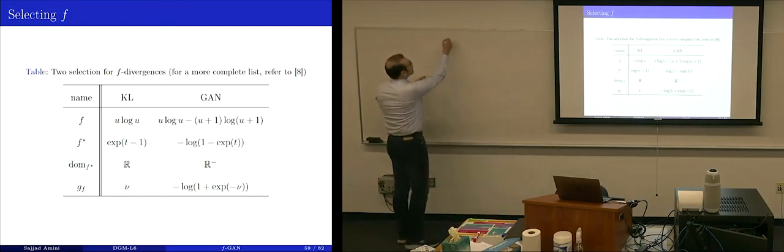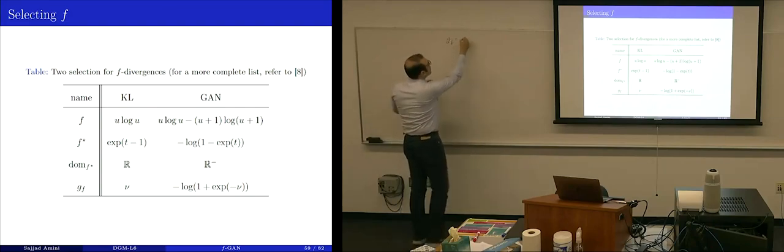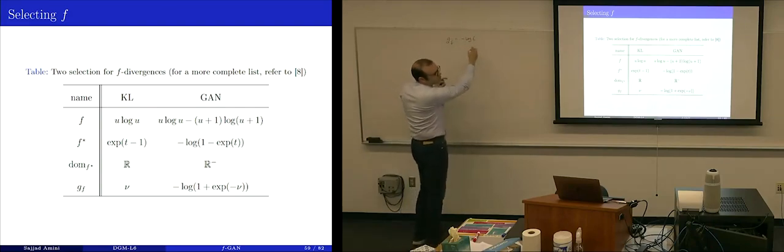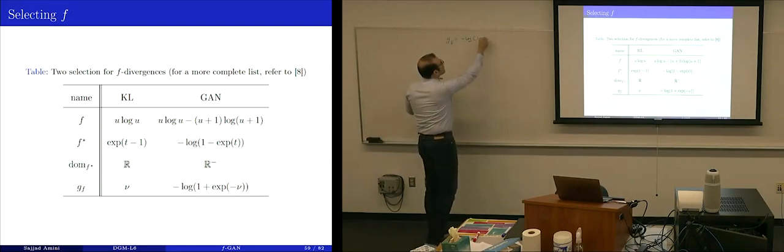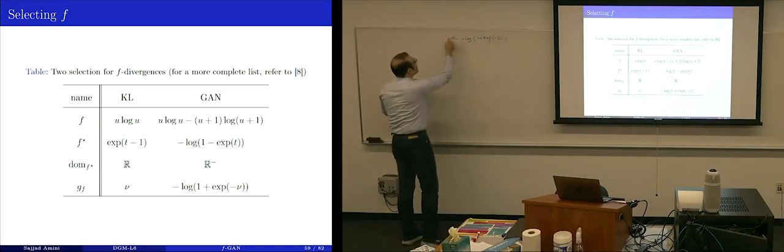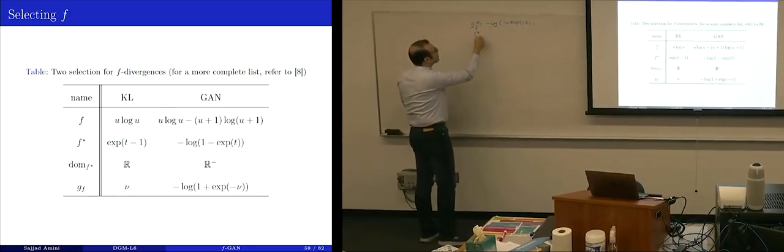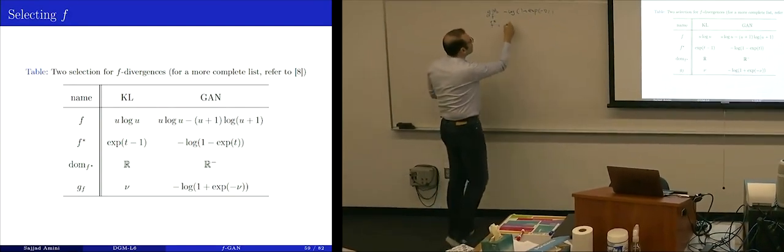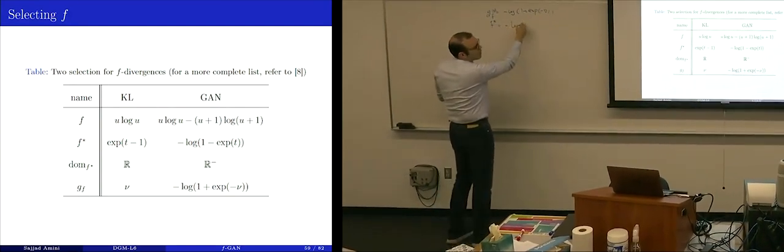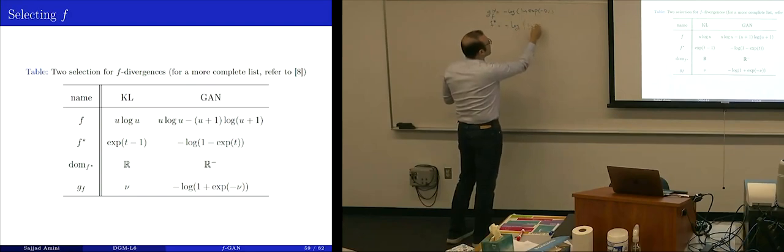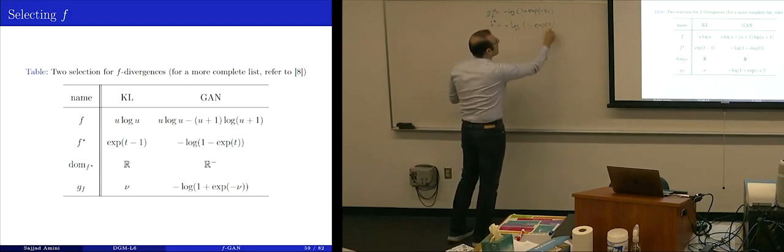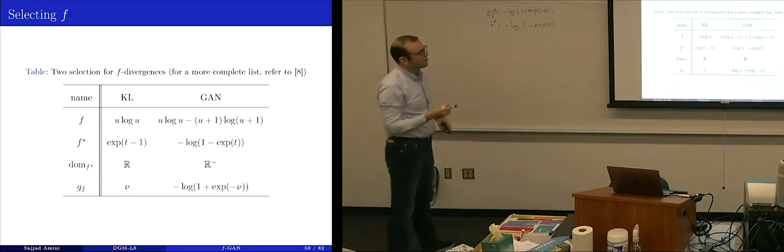Okay, first pay attention to this g_f, which is equal to minus log of 1 plus exponent of minus v, and the other is this f star, which is equal to minus log of 1 minus exponent.